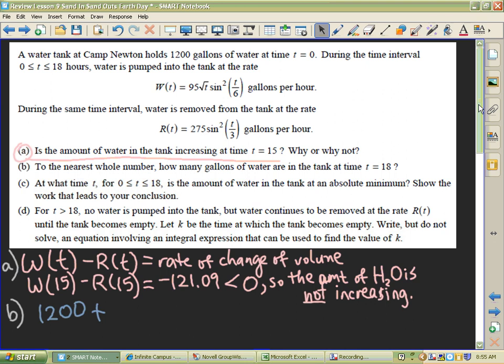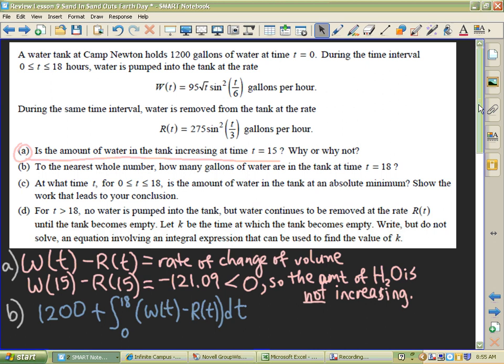The College Board has gotten very, very good at asking us to take a rate and back up to how much stuff there is. If you're given gallons per hour and you've got to back up to gallons, that's an integral every time.